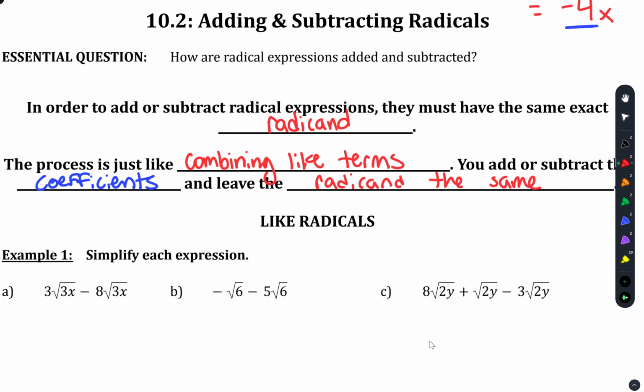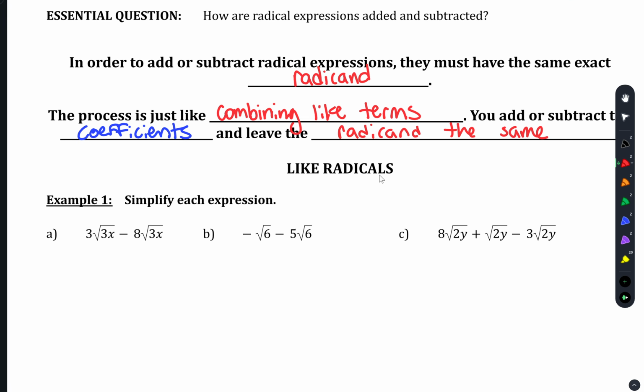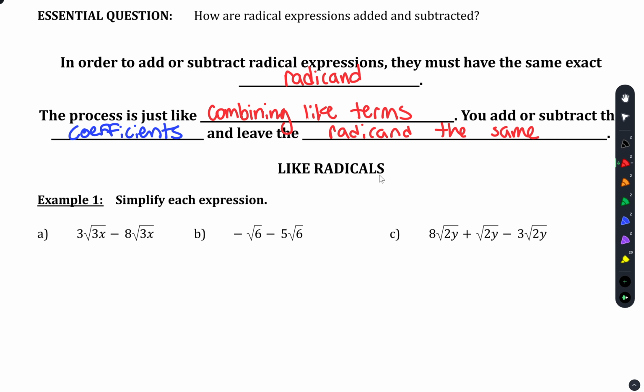And those are our rules for adding and subtracting. Any questions on that so far? Okay, so let's take a look at letter A. I'm going to highlight every time that my radicand is the same. So in letter A, are the radicands the exact same? Yes, they're both 3x. I'm going to highlight them.